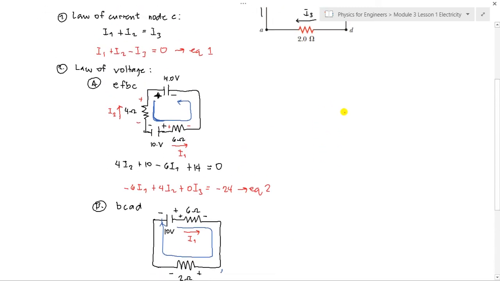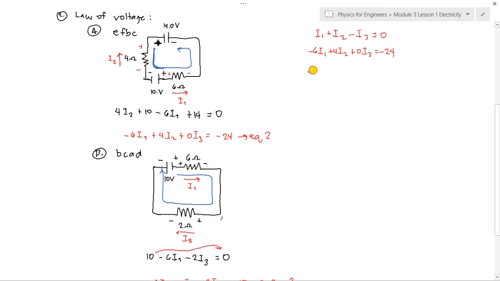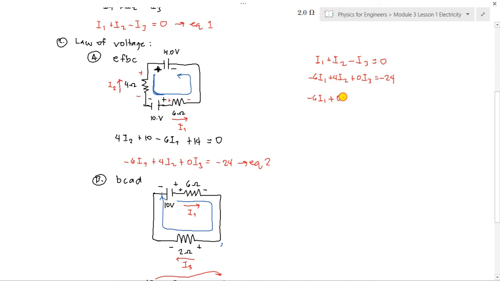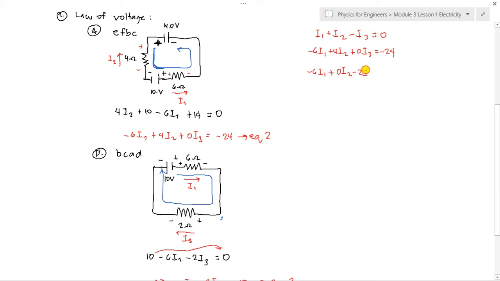Now rewriting the three equations, we have I1 plus I2 minus I3 equals 0. The next: negative 6I1 plus 4I2 plus 0I3 equals negative 24. And the last one: negative 6I1 plus 0I2 minus 2I3 equals negative 10.